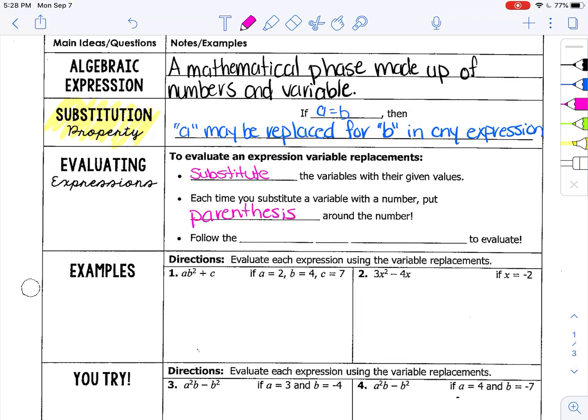This is going to help you from making simple mistakes. Then you are going to follow order of operations to evaluate. This is extremely important to remember, and oftentimes we forget it. You must follow the order of operations.